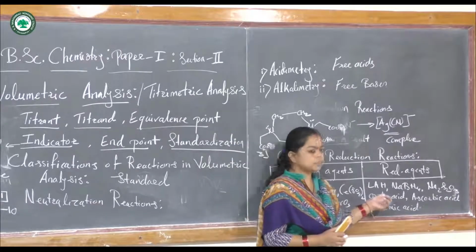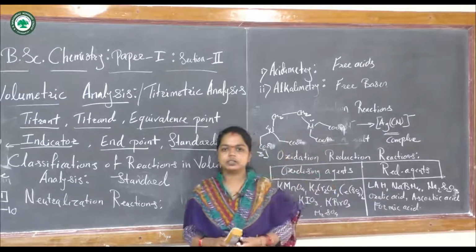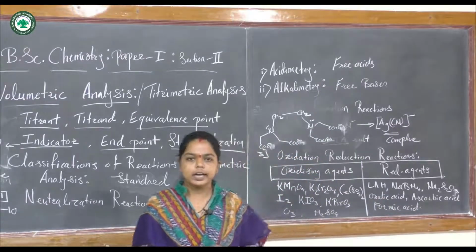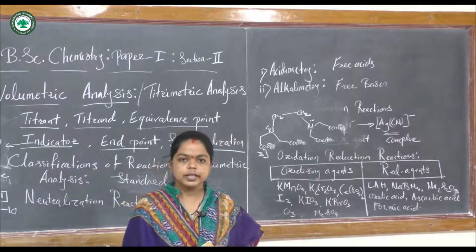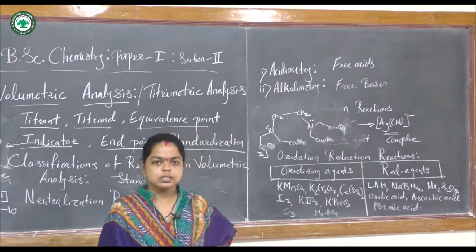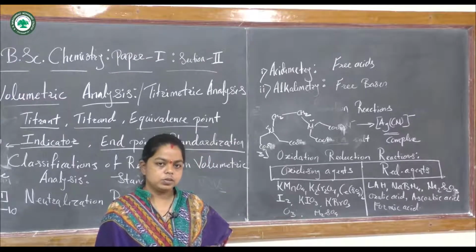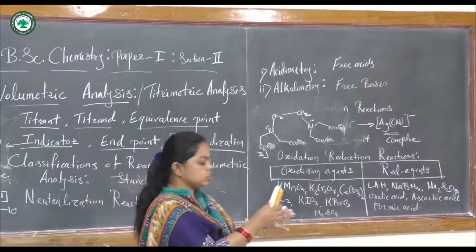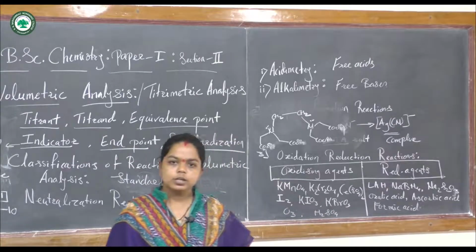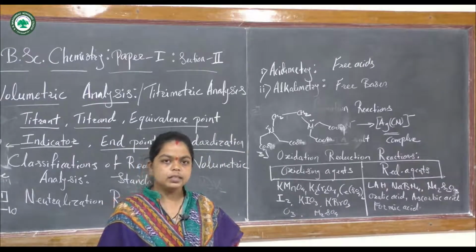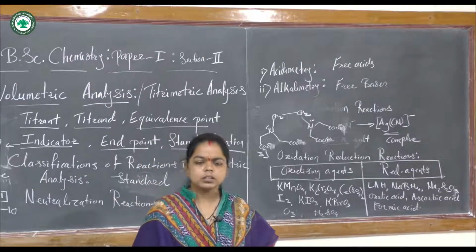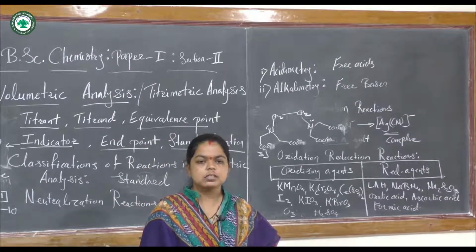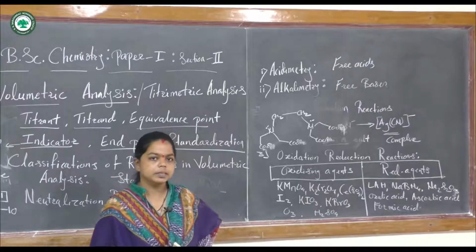So this is the third type of titration, the redox titration. In redox titration, oxidizing reagents are titrated with reducing agents, and accordingly the concentration of the sample or the element can be determined.